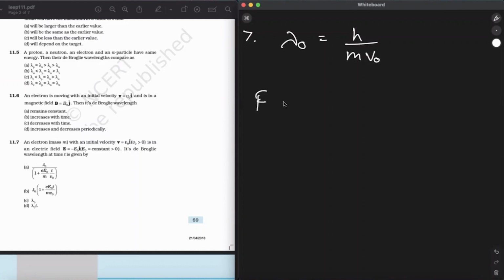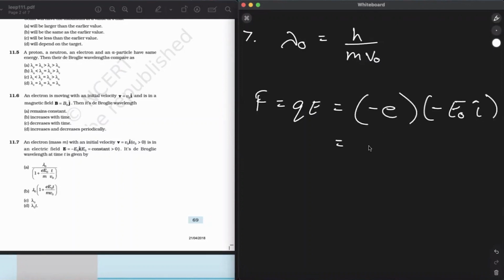What force is acting on the electron? Q times E. Since it is an electron, it is minus e times E naught, and the direction is i cap, so it is e E naught i cap. This is the force acting on it, and the acceleration will be eE naught by m i cap.